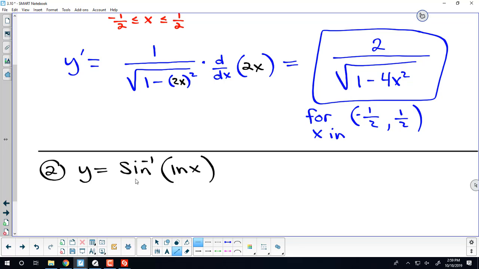I just wrote mine. Mine still has the 1 over x on top. Yeah, but remember it's 1 over 1 minus that.